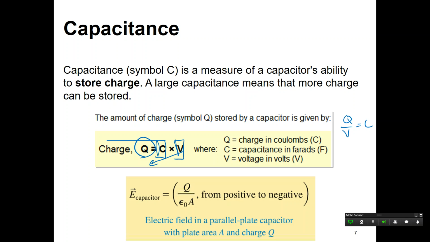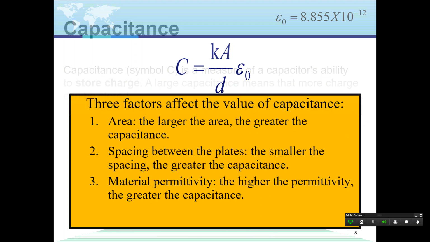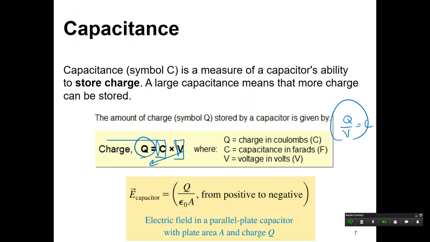No. If I have this relationship here, Q over V is equal to C, if voltage goes down, then what needs to happen to the charge? The opposite? It goes down. Yeah. So if this goes down, because C has to remain constant. C does not change, is not dependent on charge and is not dependent on voltage. Okay.